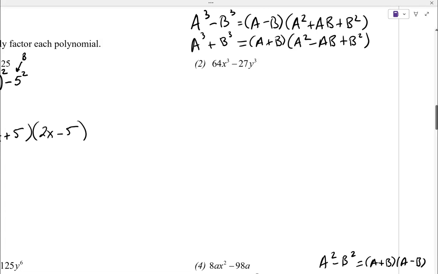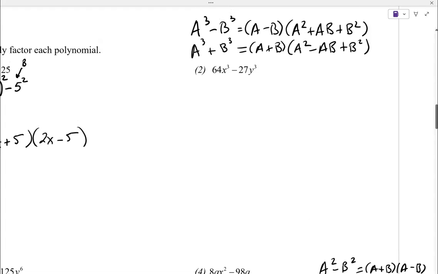All right, so first, do you see why we might use a cube formula here rather than a squared formula here? What's giving you your big clue that you might want to use a cube formula? You get an x cubed, right? I've got an x cubed and a y cubed, right? So that's telling me I probably want to use a cube formula. Which one of those do you think I want to use? A difference or the sum? Difference, because I have a minus sign in the middle, right?